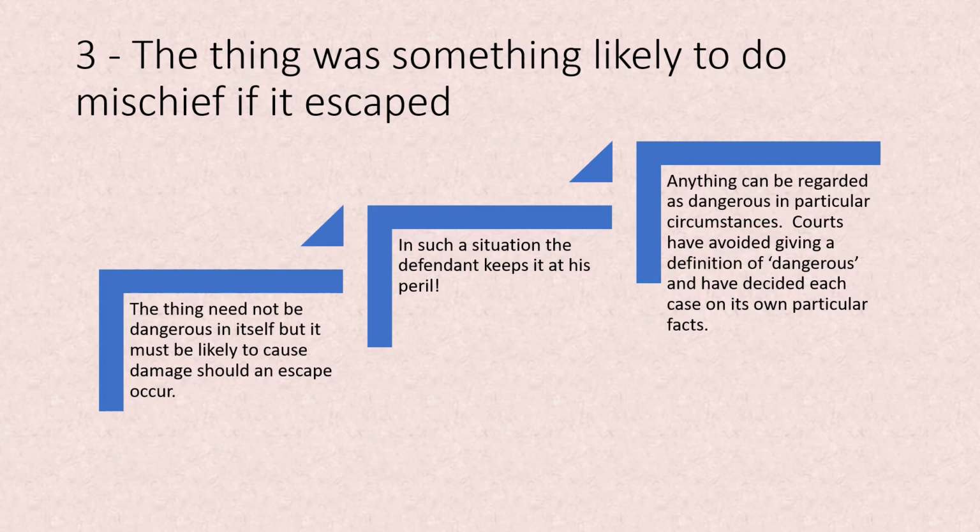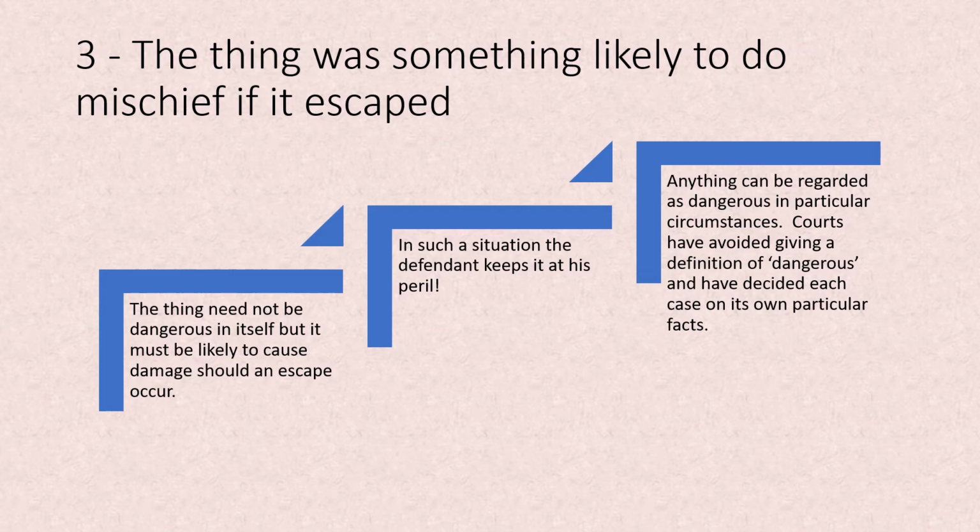So in this situation you could identify that the defendant keeps it at his peril, so it's in his mind that it could cause mischief, and that just means damage in this context. Anything can be regarded as dangerous in particular circumstances. Courts have actually avoided giving a definition of dangerous and have decided each case on its own particular facts.